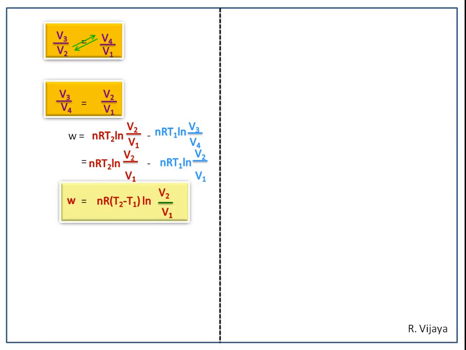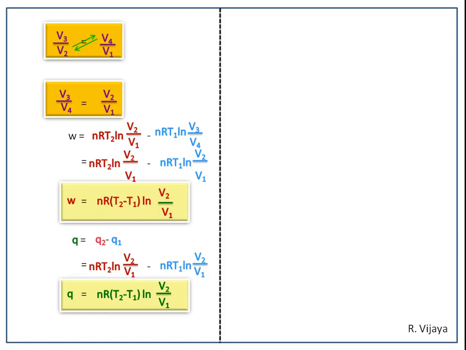Now we calculate the net heat absorbed by the system. Q is equal to Q2 minus Q1. We know the Q2 and Q1 values. Substituting these values, we get this equation. Introducing V2 by V1 in place of V3 by V4, and simplifying, we have Q equal to nR (T2 minus T1) ln V2 by V1.